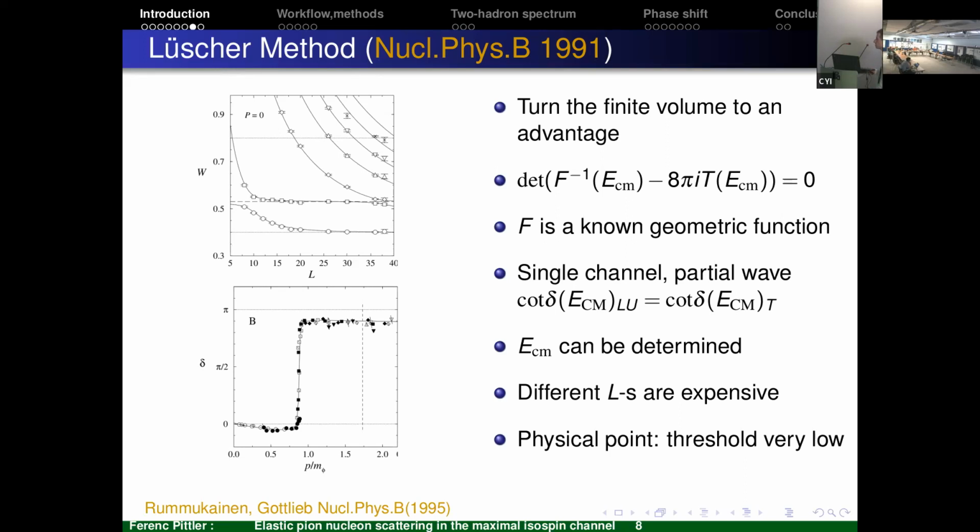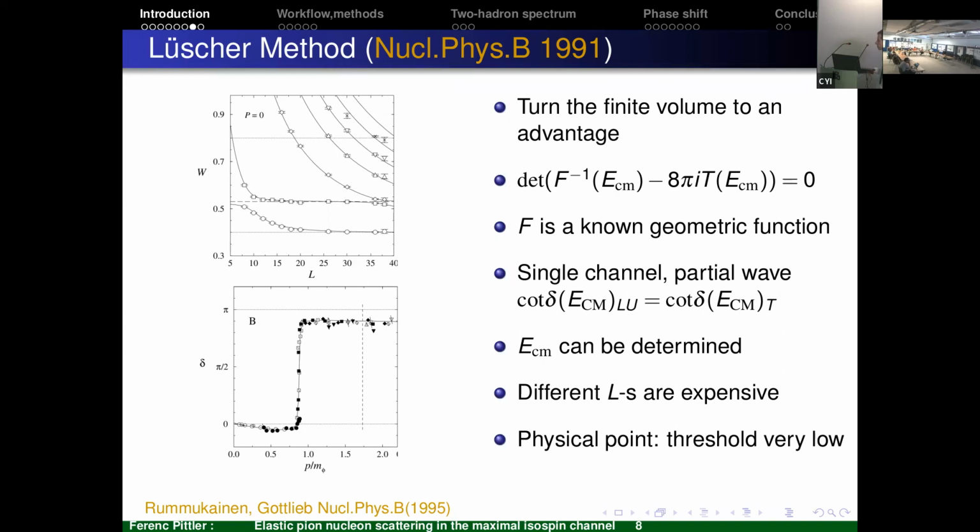And here is a small example of what I mean. This is actually from an old paper, a 5 to the 4 calculation, where you can afford to calculate a number of different volumes. Here you calculated the two-particle spectrum for several volumes, and in each volume, for each energy level, you can calculate this phase shift quantity, which is plotted at the bottom.